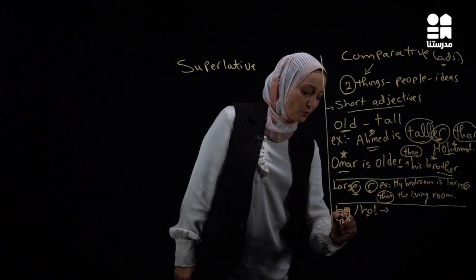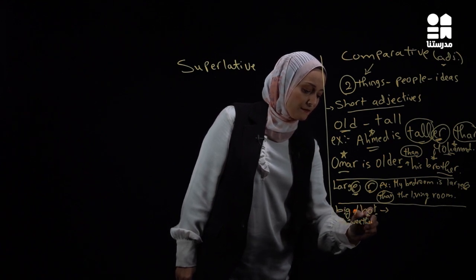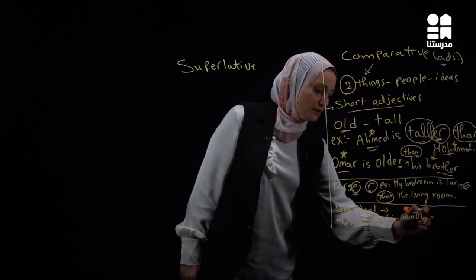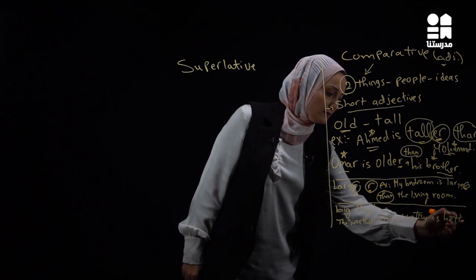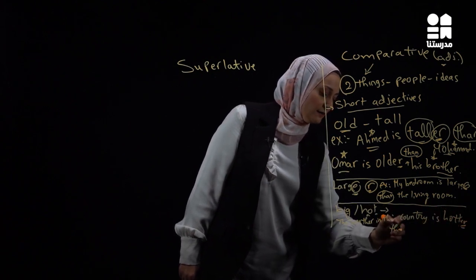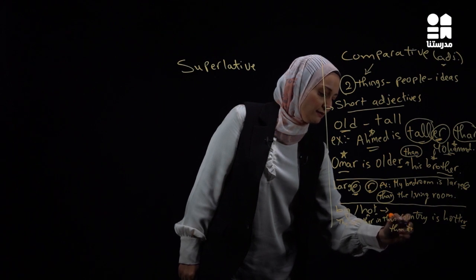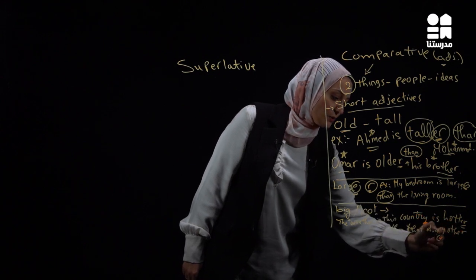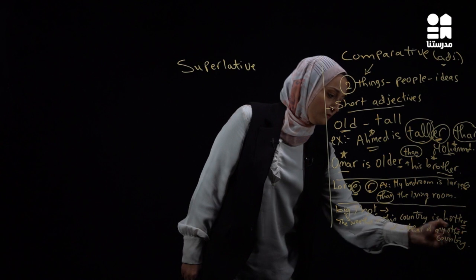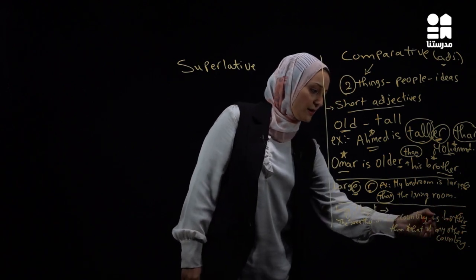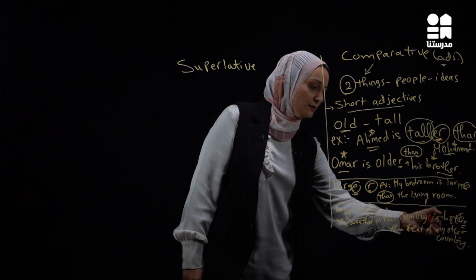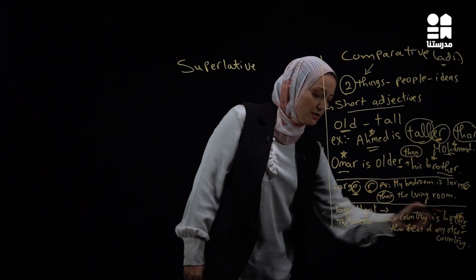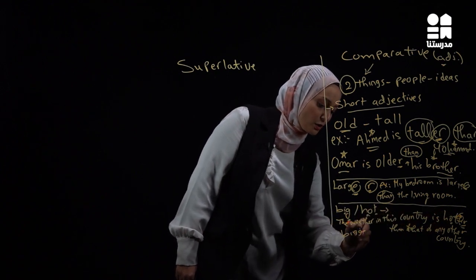I say the weather in this country is hotter than that of any other country. I double the consonant, so I have a vowel, عندي vowel وعندي consonant. علشان أزود ال ER I have to double the consonant, فهتبقى hotter بالدبل T, and the same with big, هتبقى bigger with double G.